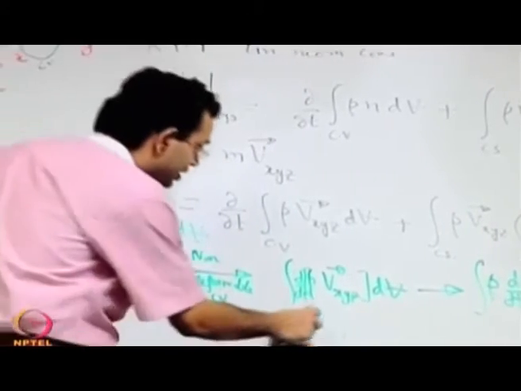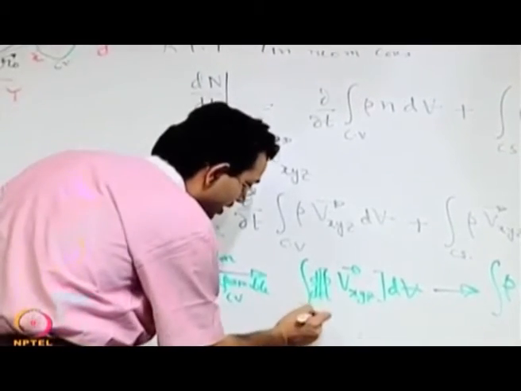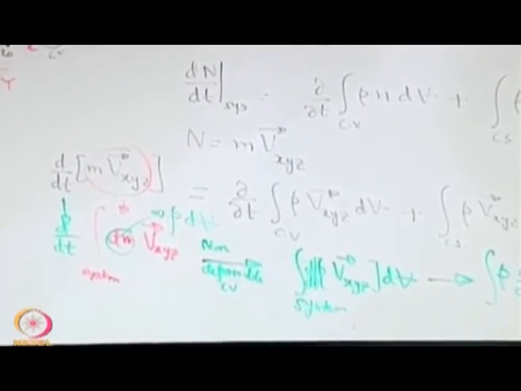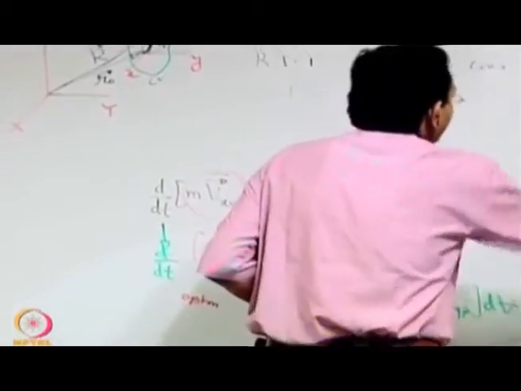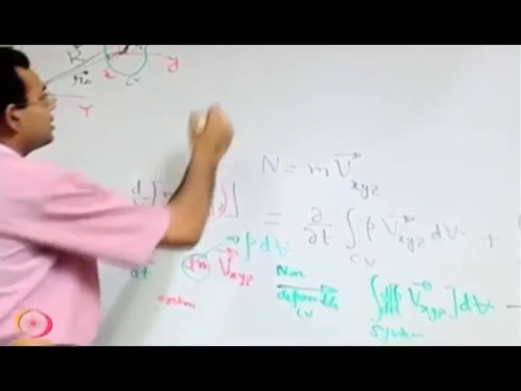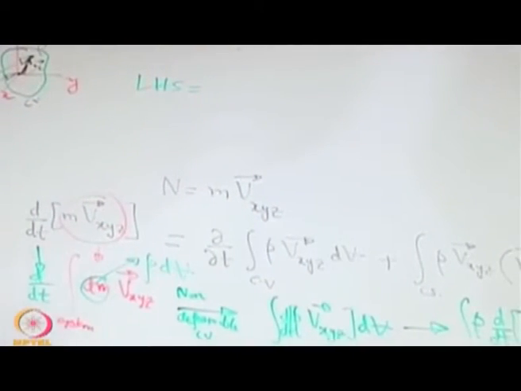That is what we have experienced earlier, but we will do that at a later stage. Till now we will preserve it in the system sense. Why? The next step will give you a clue of why we are trying to do that. So in the next step we will write the left hand side simplification. This is again system.